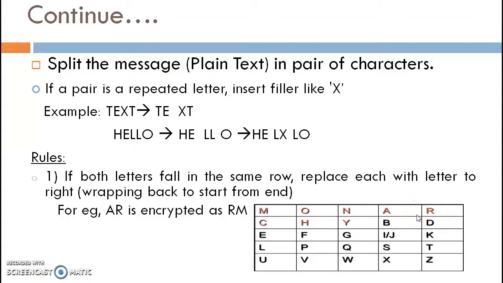A is replaced with the next right character of the same row, that is R, and R is replaced with the next letter, wrapping back to the start letter M. So according to rule number 1, AR is replaced with RM.